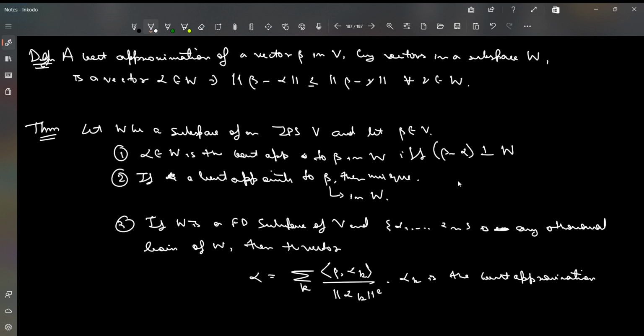We say it is the best approximation because we already know that if a best approximation exists, it must be unique. So it is the best approximation to beta in W.